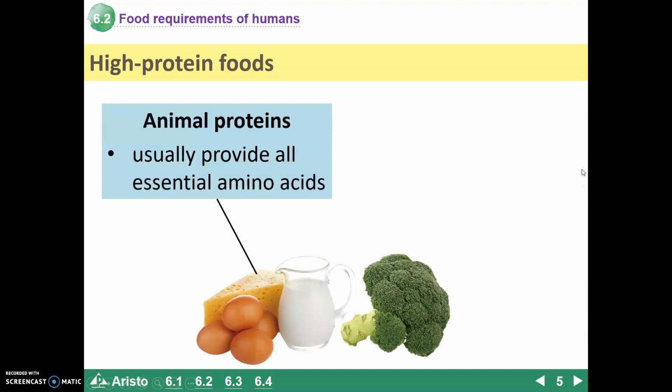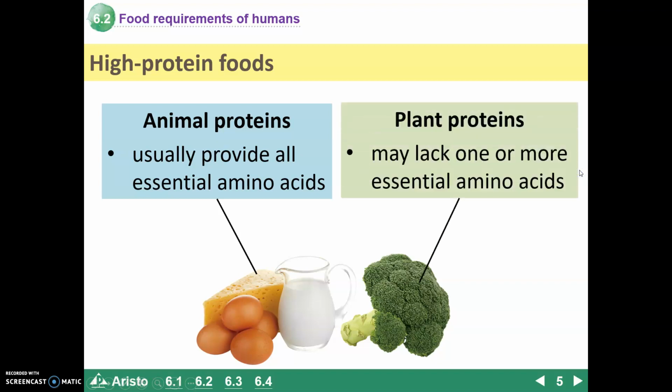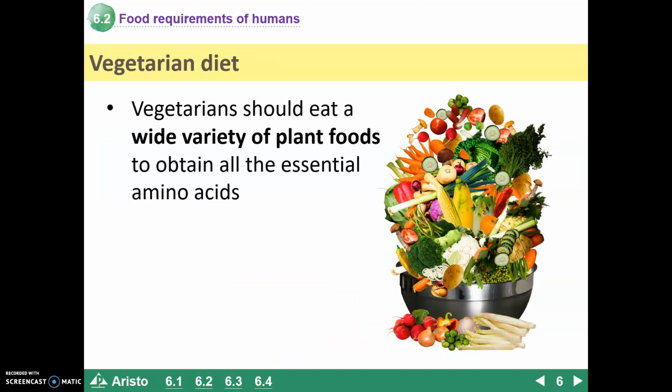Usually, animal proteins are better than plant proteins because animal proteins usually provide all the essential amino acids for us. They are more balanced, with more different types of amino acid, and the essential amino acids are always present in animal proteins. But plant proteins will lack one or more essential amino acids. So if you are vegetarian, you should eat a large variety of different types of plant foods in order to get all the essential amino acids.